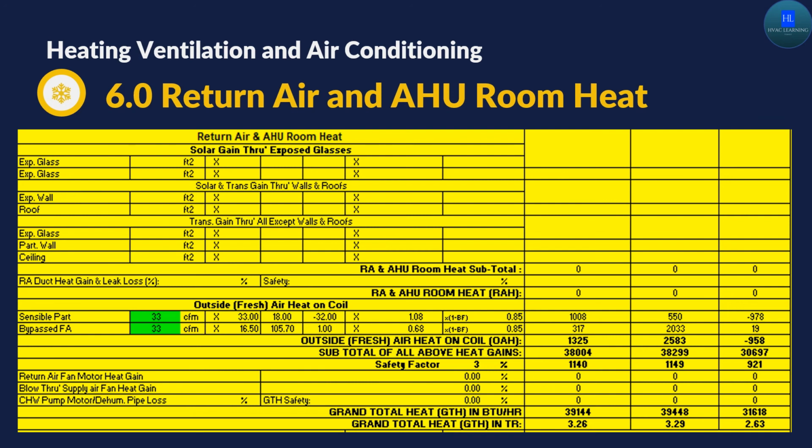So once we are done with this, we will come to know about the subtotal of all the above heat gains, and after that we will come to know about the grand total heat in terms of tonnage or in terms of BTU per hour. So this sheet will tell you how much tonnage will be total needed. So in this example, for the summer it's 3.26, or for the winter it's 2.63.